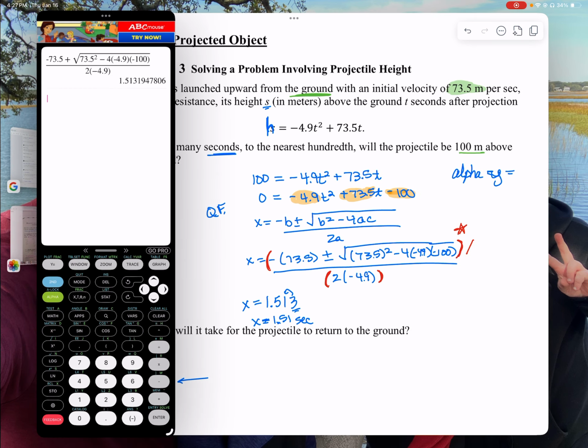So I'm going to go ahead and put it in like I just told y'all for those that do not have that fancy schmancy calculator. So let me do that, plus the square root of 73.5 squared minus 4 negative, whoops, I don't want to put a minus, negative 4.9 and negative 100.